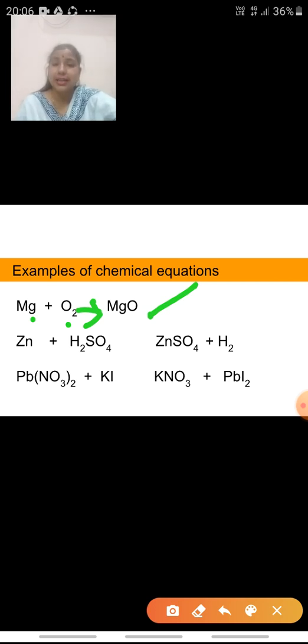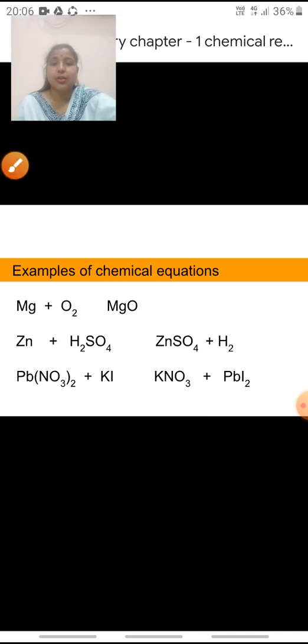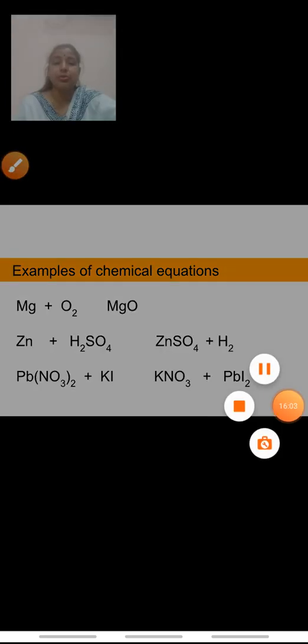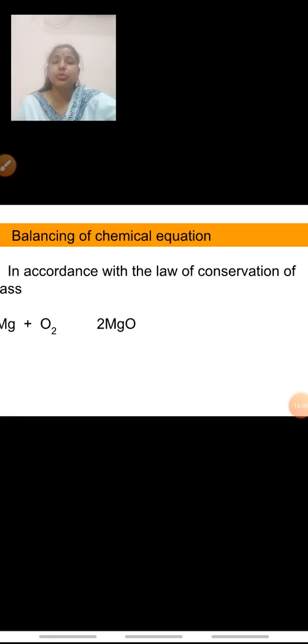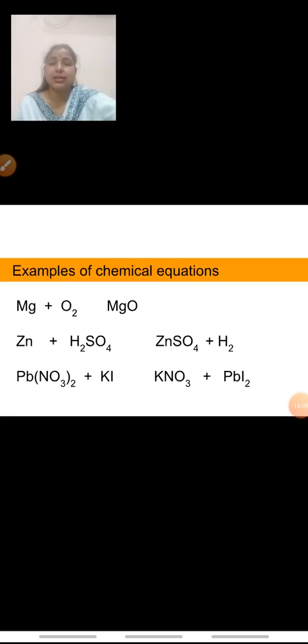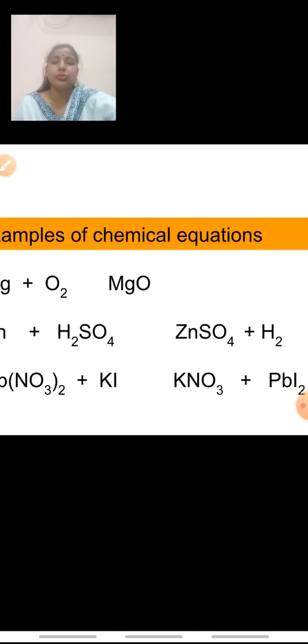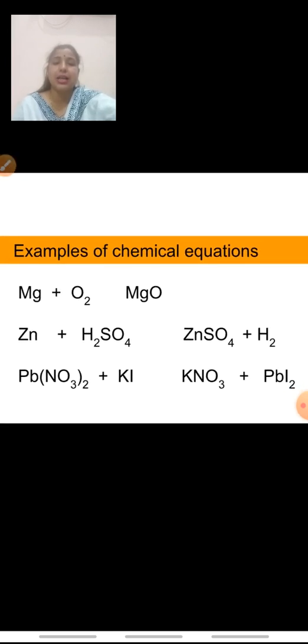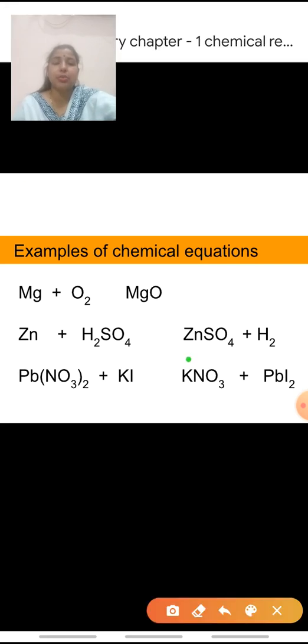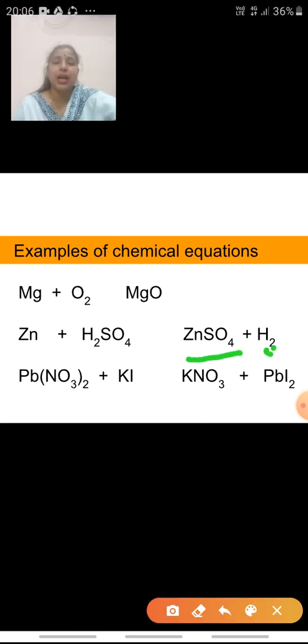Similarly, the second chemical reaction that you all have learned was when a zinc granule is added to dilute sulfuric acid. When zinc granule is added to dilute sulfuric acid, it results in the formation of zinc sulfate and hydrogen gas. As hydrogen is a gas, we can make an arrow upwards.